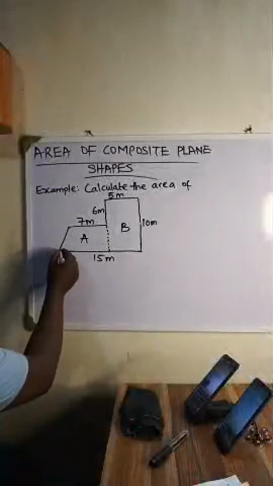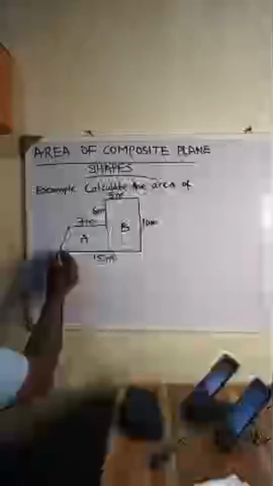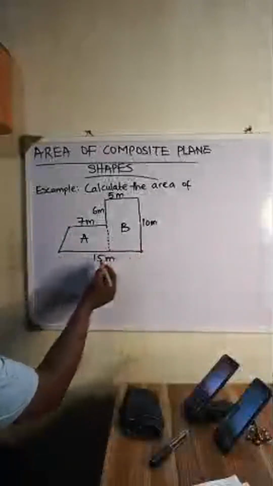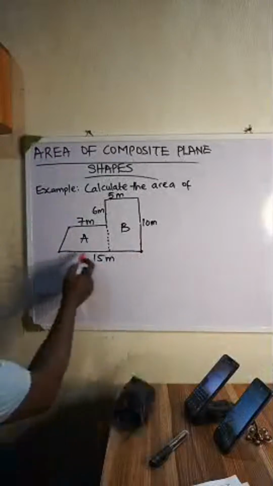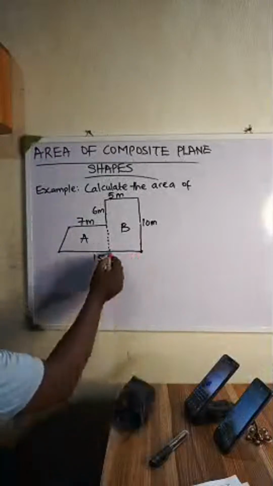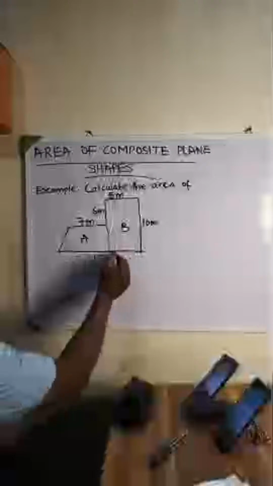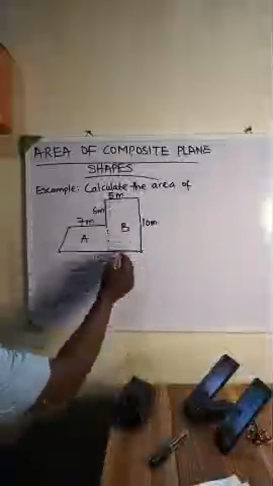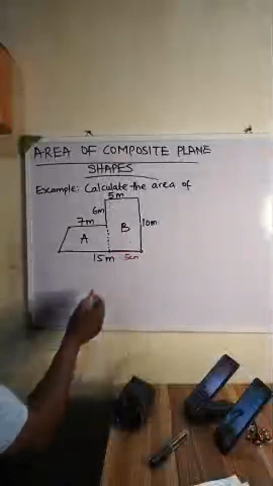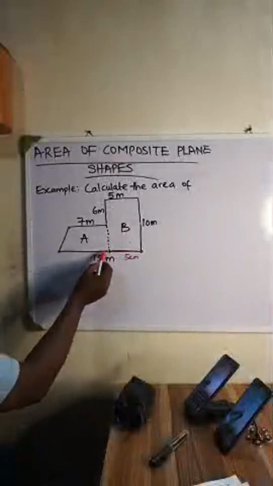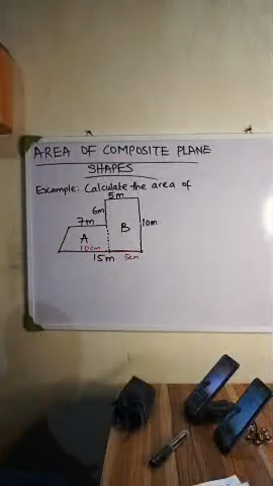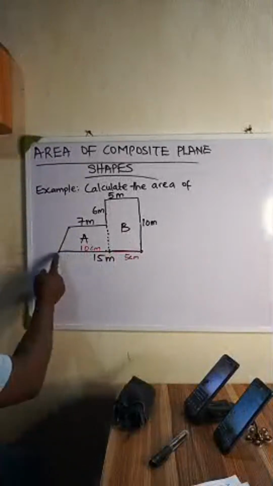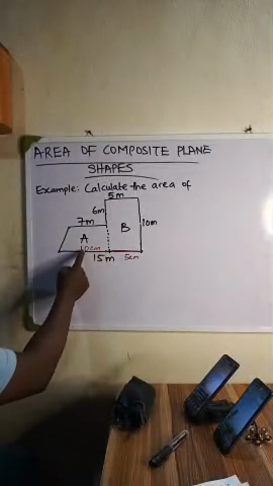From this point to this point is 15 centimeters. But from here down to this point is 5 centimeters. So that means the rest of this place is going to be 10 centimeters. Okay. So now we know from here to here is 10 centimeters.